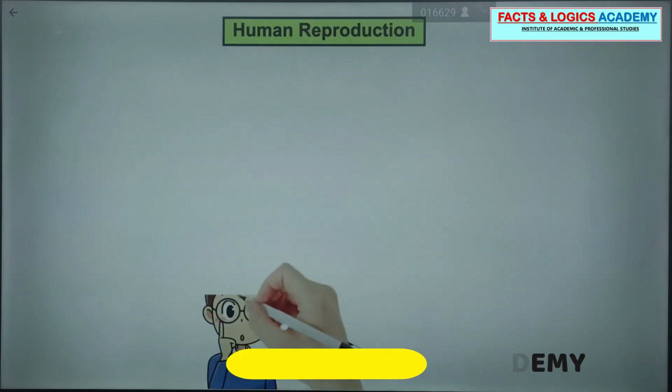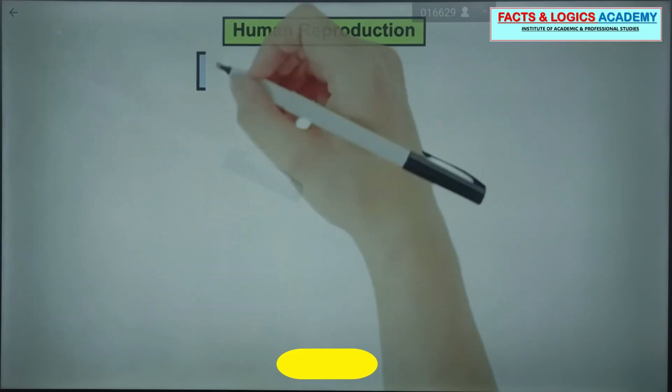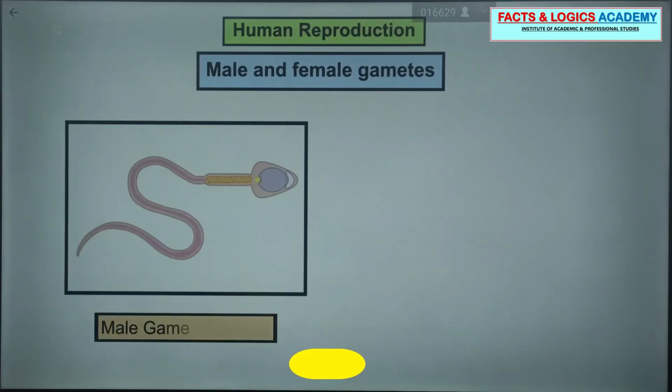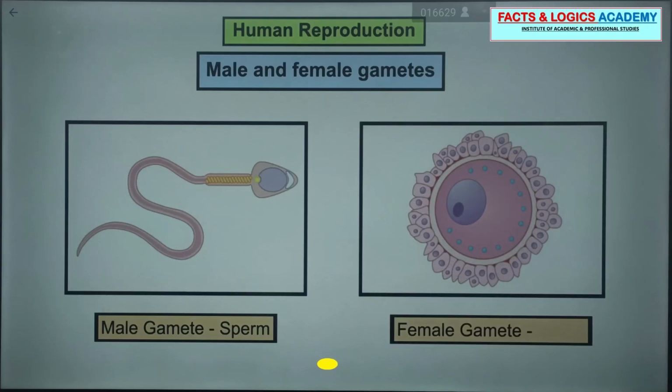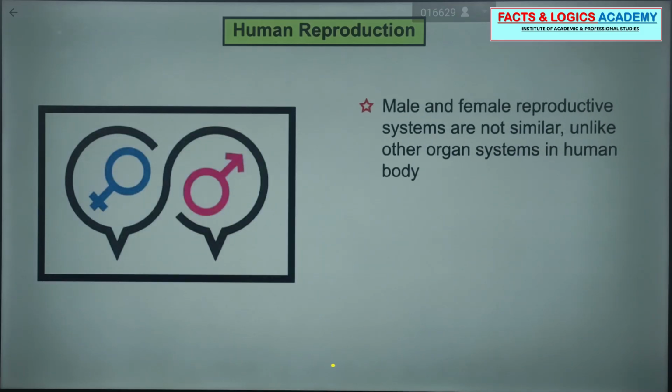So, what are the male and female gametes in humans called? Well, the male gamete is called the sperm and the female gamete is called an ovum. You have already learned that the reproductive events in humans occur after puberty. There are remarkable differences between the reproductive events in the male and in the female.